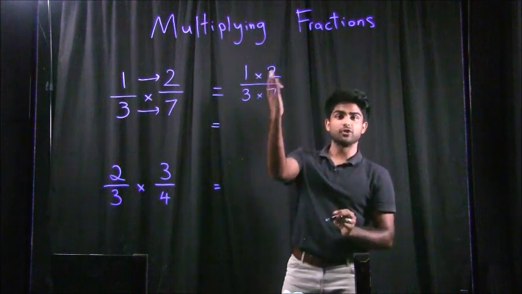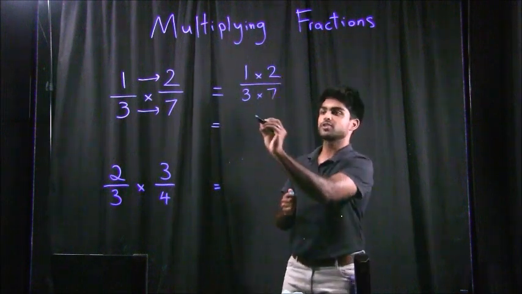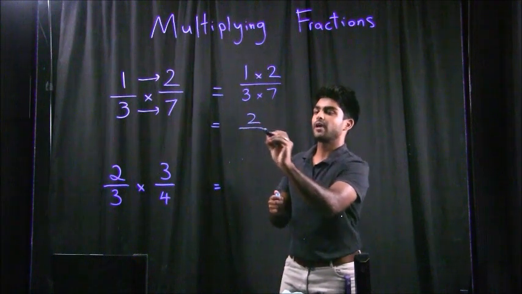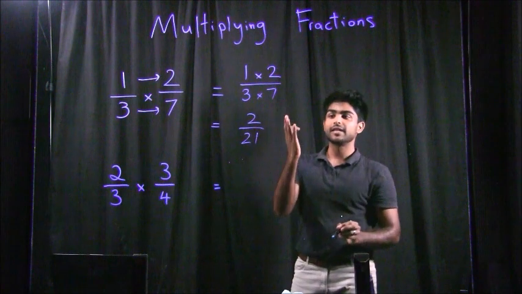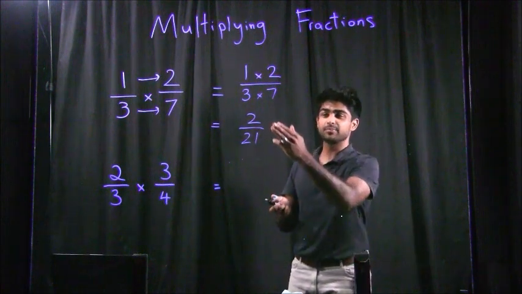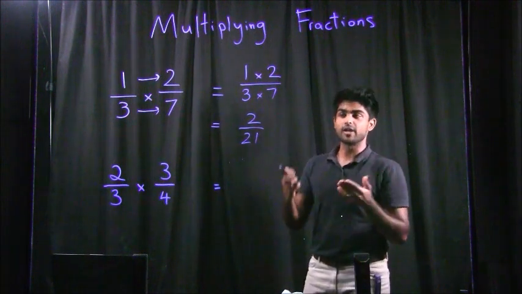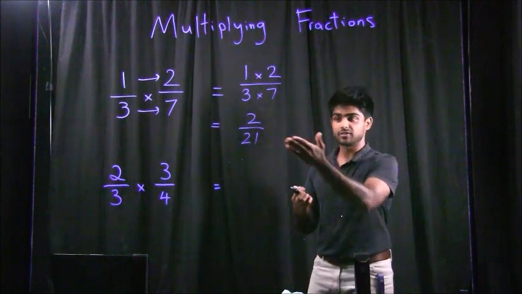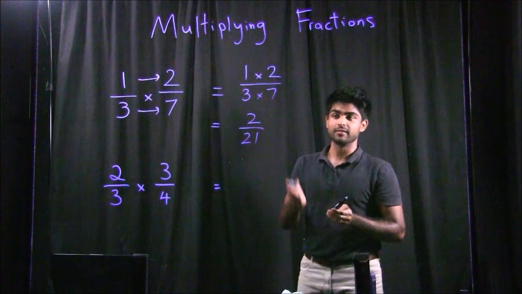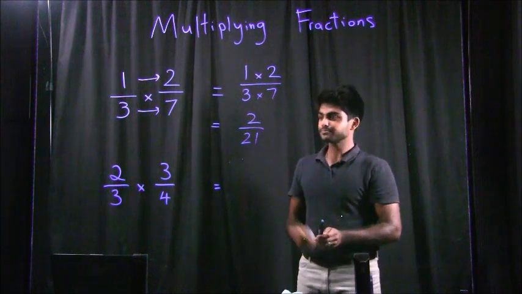And then we just solve the numerator and denominator. So 1 times 2 will just be 2, and 3 times 7 will be 21. Now with this particular answer, we can't simplify this any further. There's no number that you can divide 2 and 21 by evenly, so we can just leave that as 2 over 21. That is your final answer.